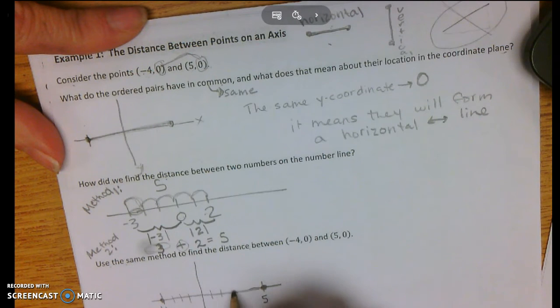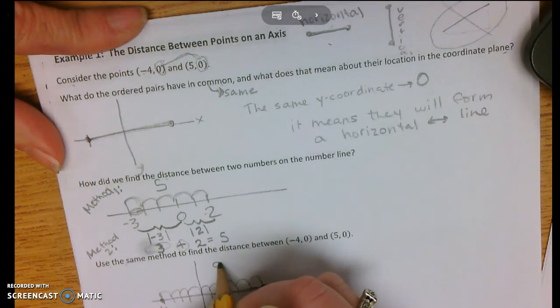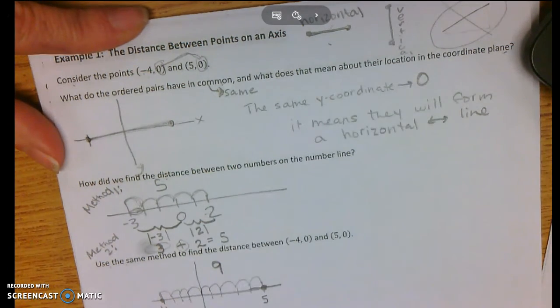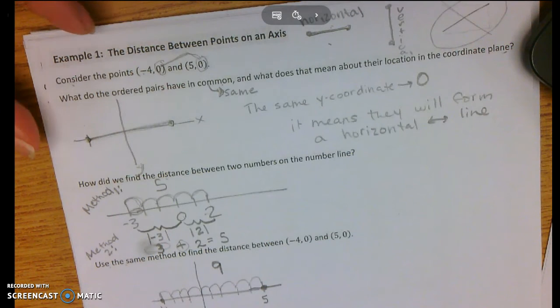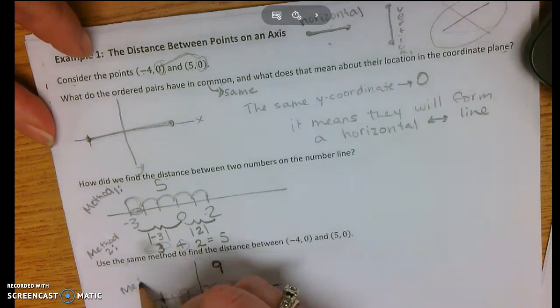I have to put in the tick marks here: -1, -2, -3, -4, 1, 2, 3, 4, 5. And so I can jump 1, 2, 3, 4, 5, 6, 7, 8, 9. And I can know that the distance is 9. The other way I can do it is to find the absolute value. So again, this is method 1.